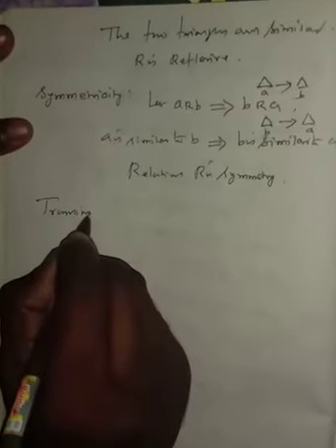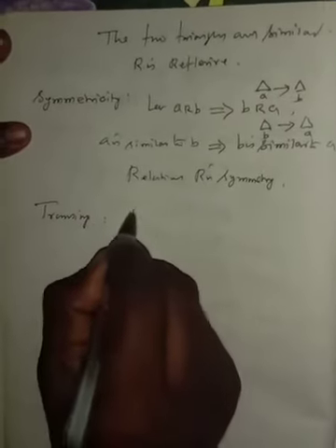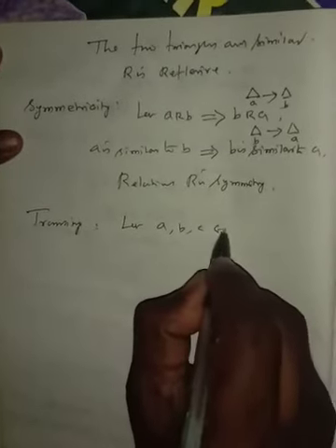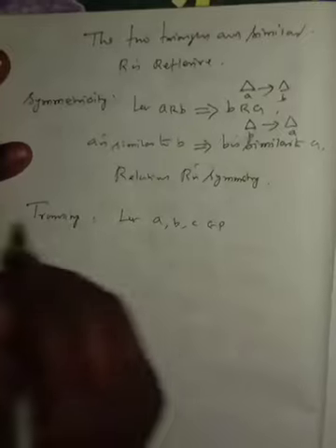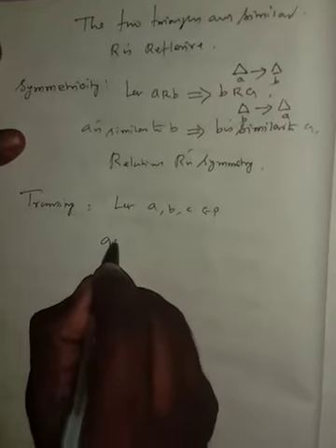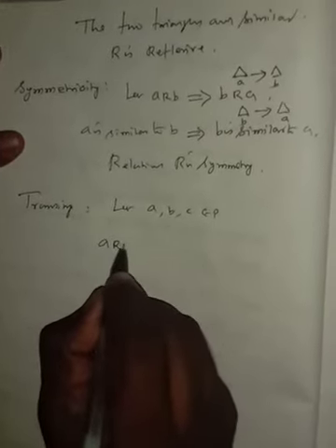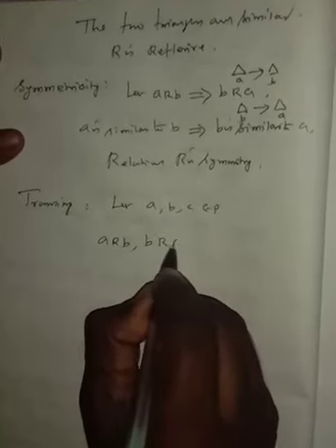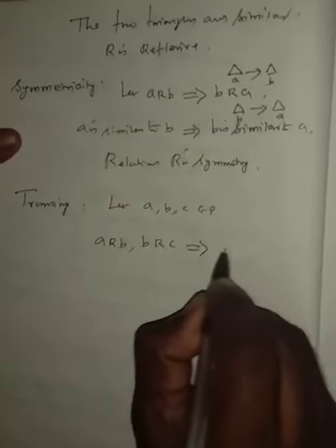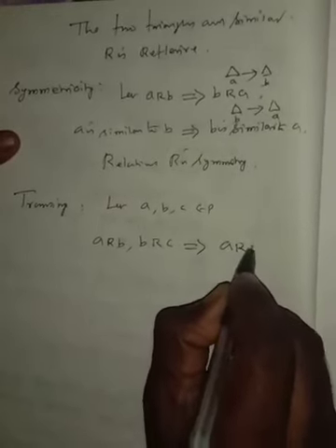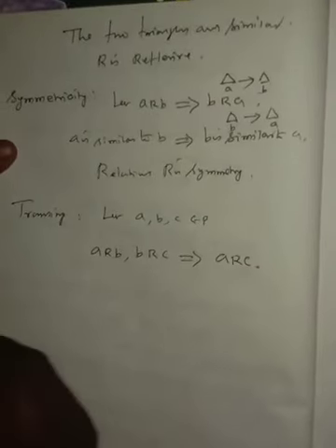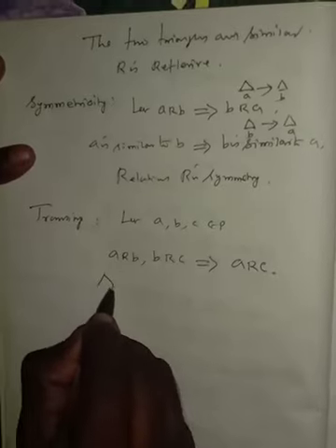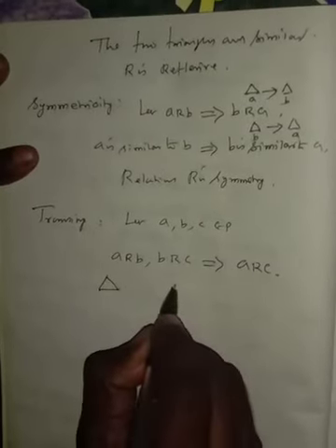Next, transitivity. Let A, B, C belong to the plane. A relation to B, B relation to C implies A relation to C. This means take three similar triangles.